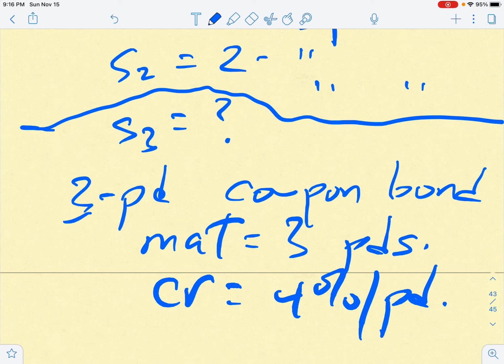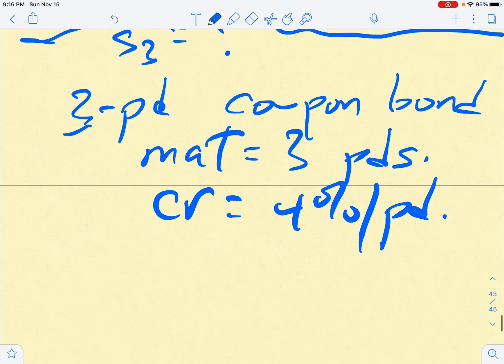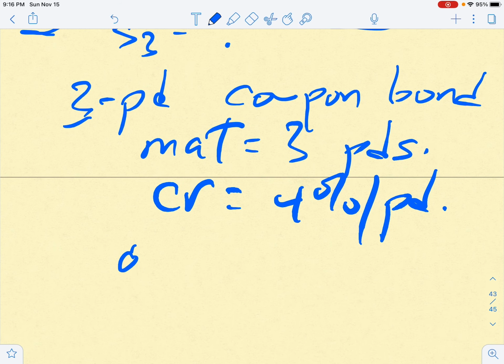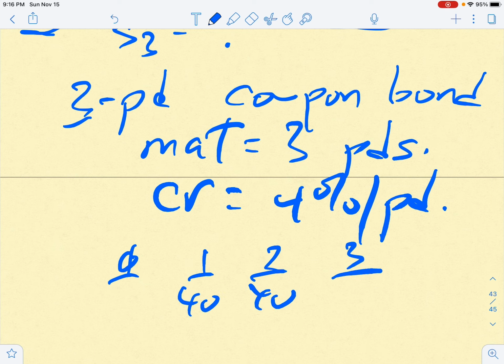The bond might pay interest every 6 months, so the world would call this an 8% coupon rate, but we do things more precisely here. It's 4% per period. Therefore, the promised cash flow stream of this 3-period coupon bond is as follows: 40, 40, and then 1,040.